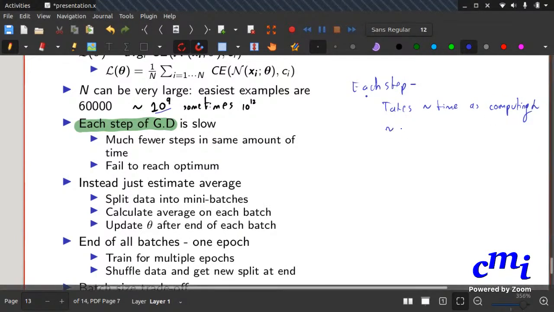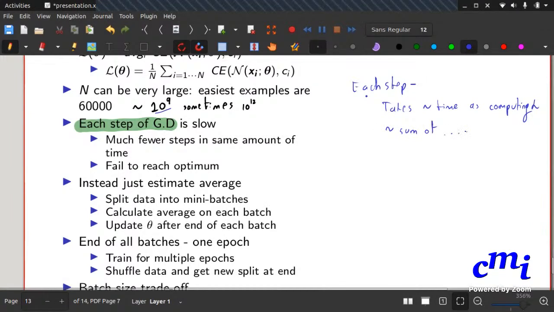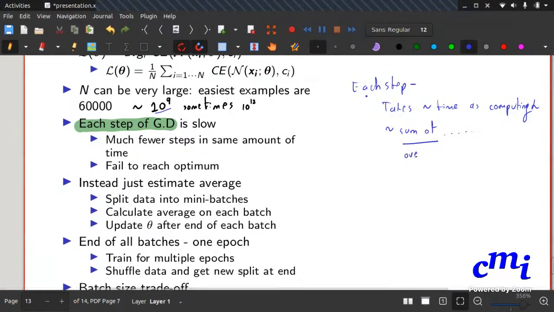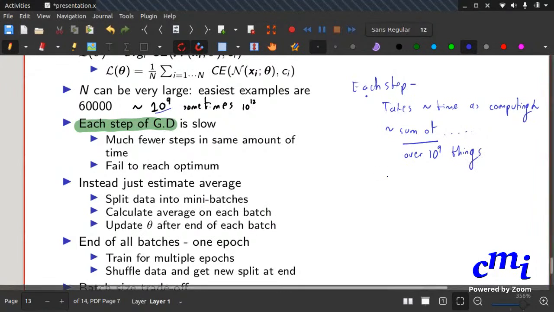Which is basically a sum of blah blah blah, right? And this sum is going to be over 10 to the power 9 things, which is going to be quite slow because we are having to calculate a huge sum.